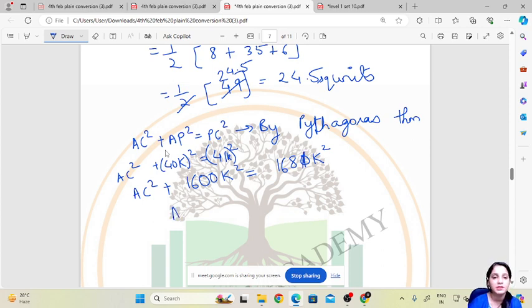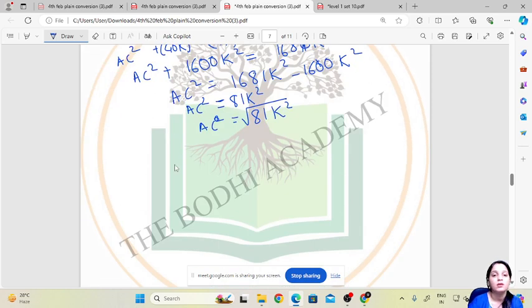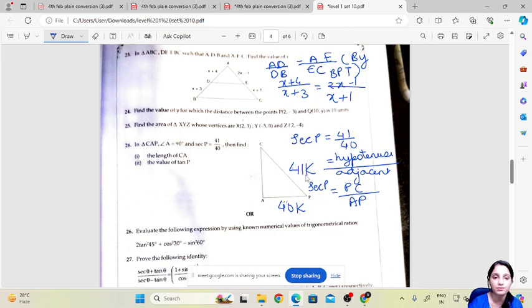Then AC square will be equal to 1681 K square minus 1600 K square. So AC square is 81 K square. So AC square equal to, when square goes on other side it becomes root, so root of 81 K square. AC is equal to 9K. So your AC also you got 9K. Now first we have found the length of AC or CA.